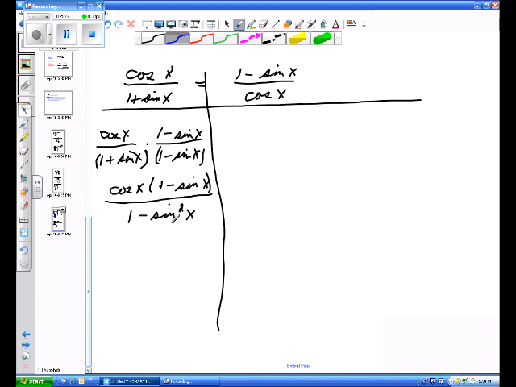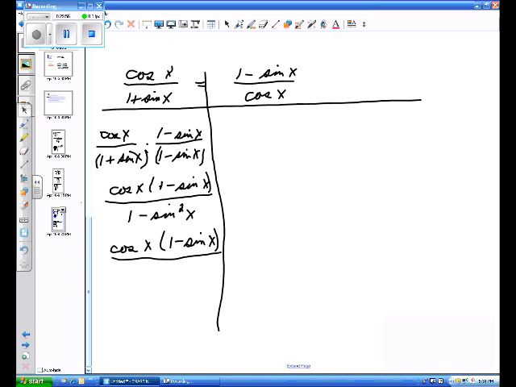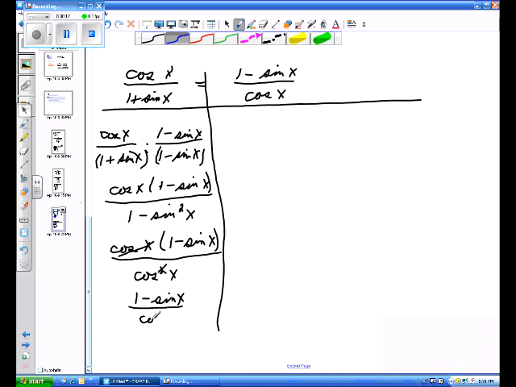So I have cosine x times 1 minus sine x over cosine squared x. Now my cosine x will cancel with one of my cosine x, and I have 1 minus sine x over cosine x.